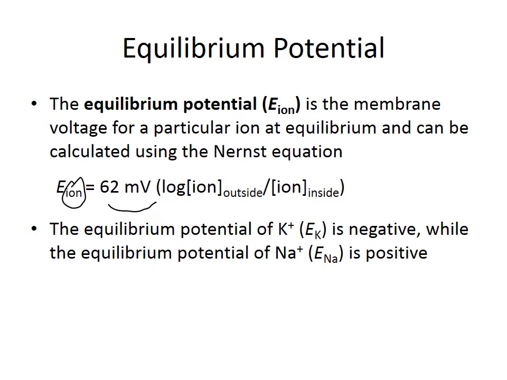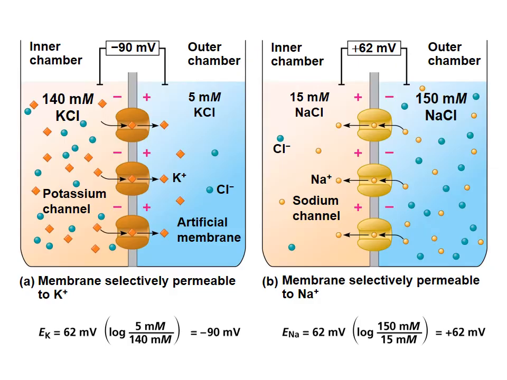The equilibrium potential of potassium has already been calculated, and that would be written as E sub K, and that's negative, while the equilibrium potential of sodium is positive. And here we actually see that. We have an inner chamber and then the outer chamber. This is a simulation of a cell.